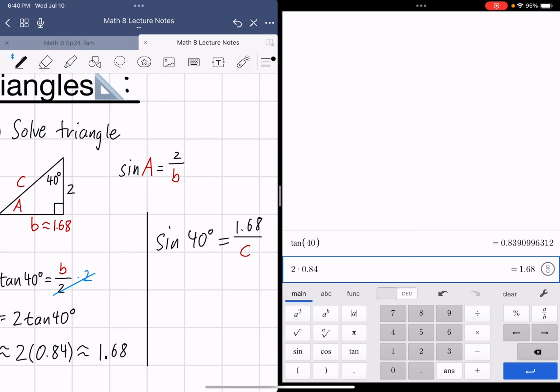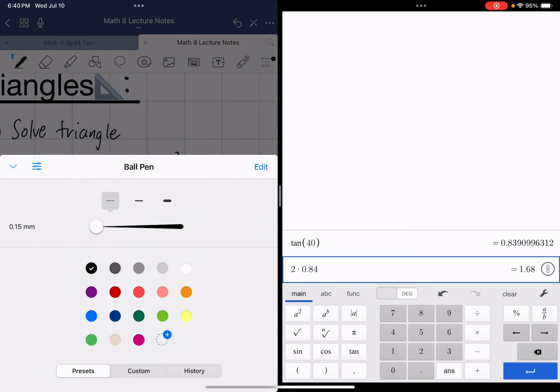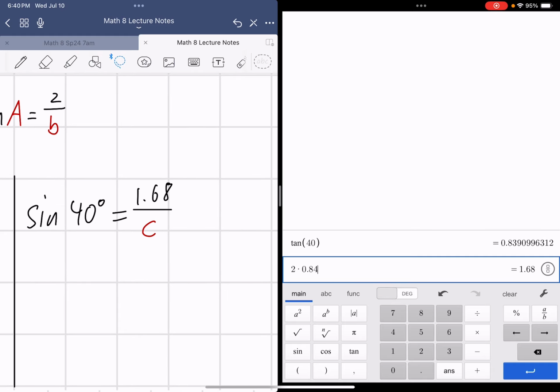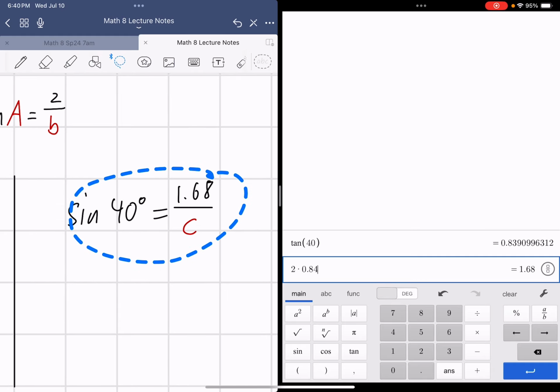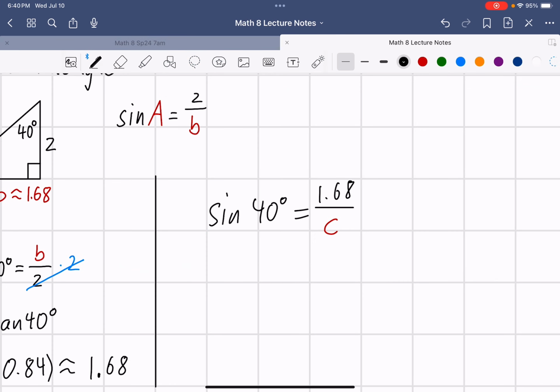And with a little bit of algebra and some cross multiplication, or multiply C to both sides, let me just do that so no one gets confused. Let me move this a little bit. I'll bring the calculator once I need it again. So here I'm going to multiply C on both sides.